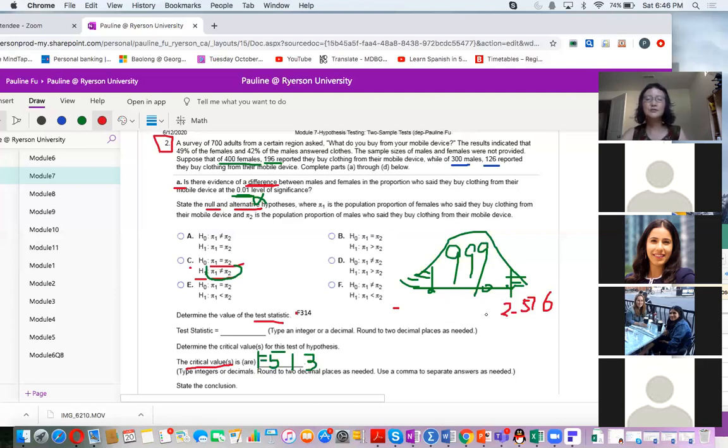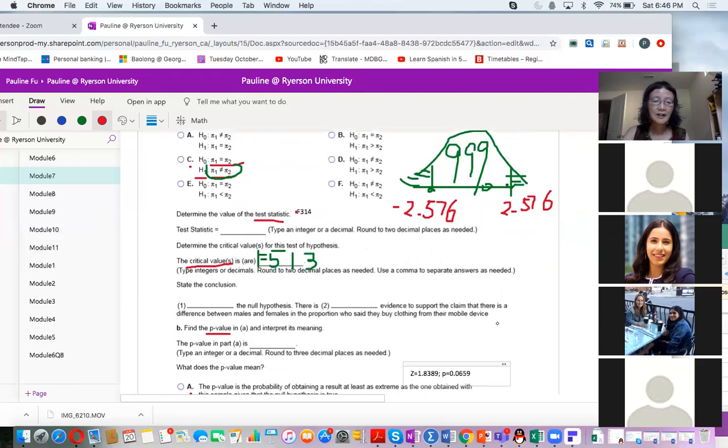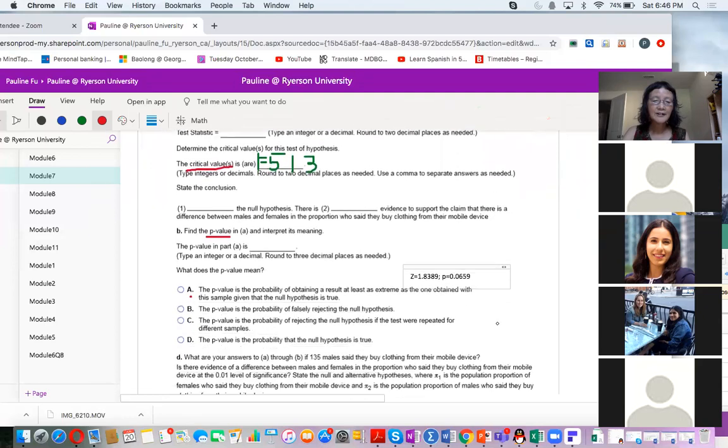Okay, there are two critical values, positive, negative 2.576. Any questions for critical value? All right. And then state conclusion. State conclusion. Okay.